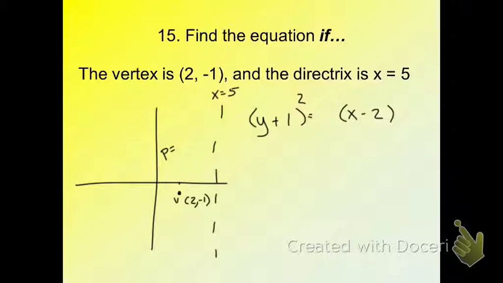Three. Okay. The distance from the focus to the vertex and the vertex to the directrix is the same, and they're both the p-value. So on this one I'm looking at 5, and then that 2, that x value. So that distance is 3. I'll put the 12 there.